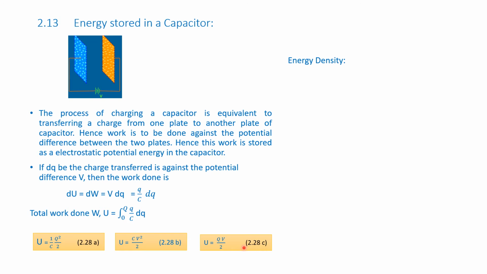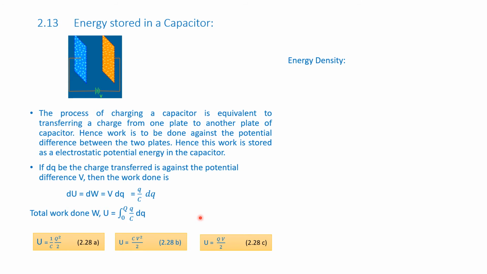So energy stored in a capacitor is given by Q square by 2C or CV square by 2 or QV by 2. Any of these three forms can be used while solving numerical problems.